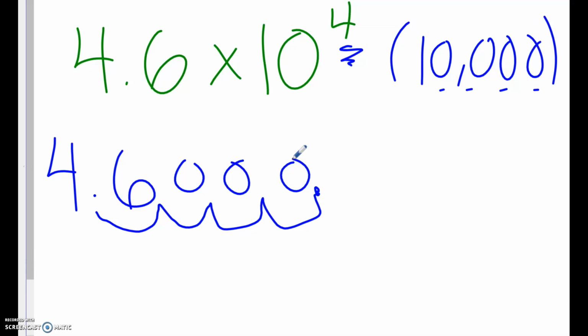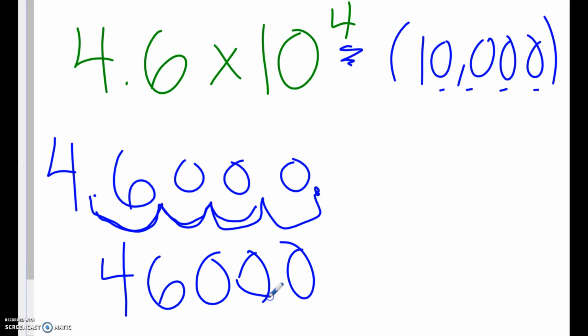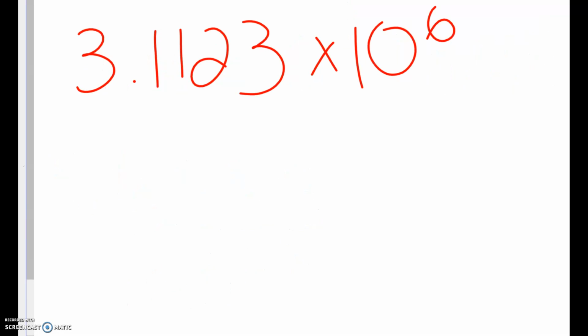Fill in, guys. Bring your decimal point in between the numbers. So 4, 6, 0, 0, 0. Count 3 and put your comma. 46,000.